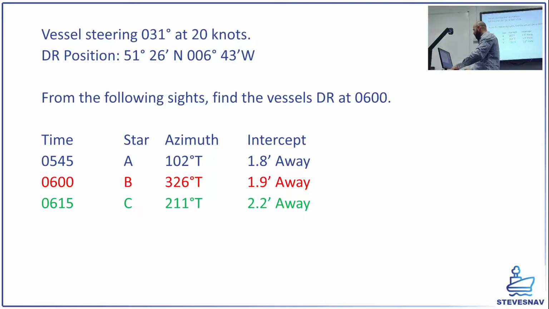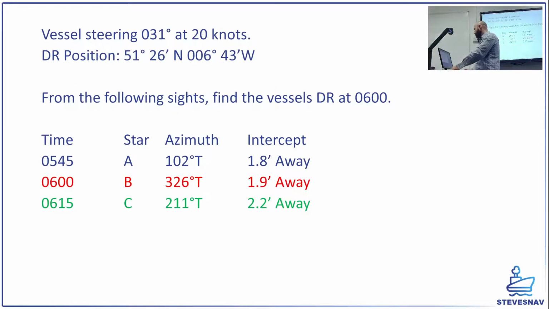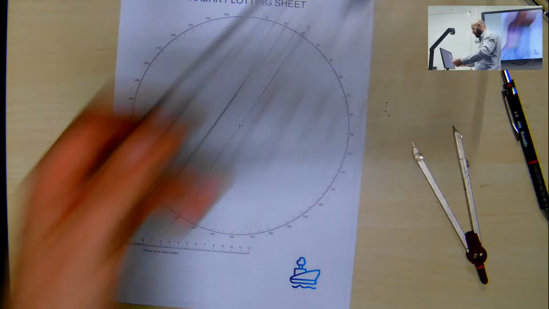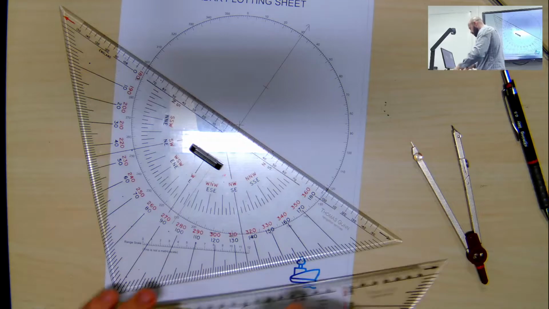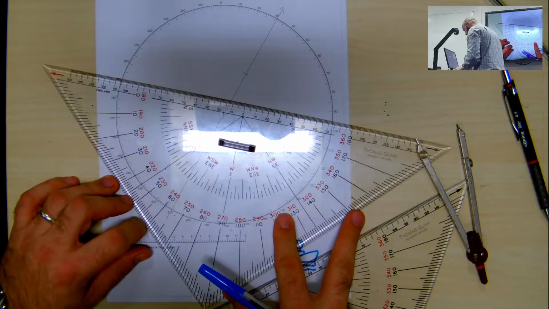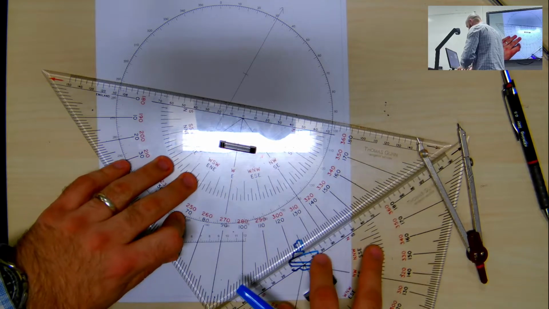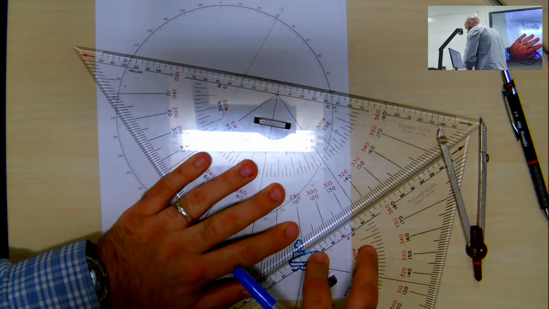So, looking at that, we now need to think about our method. There's the site that we've got to plot, 102, 1.8 away. How are we going to do it? Well, it tells us, find where the vessel was at the time of the site. That's where we were. We found that position. Plot the azimuth, find the ITP, plot the position line. So, 102, 1.8 away. So through that point there, we are going to plot 102, 1.8 away. So I take that, take it up, bearing in mind it's away, so it's going to be this side of it.